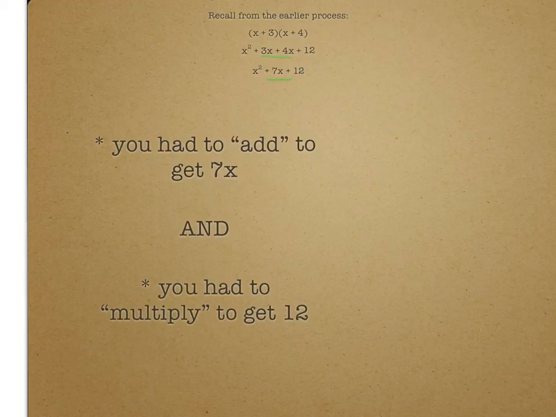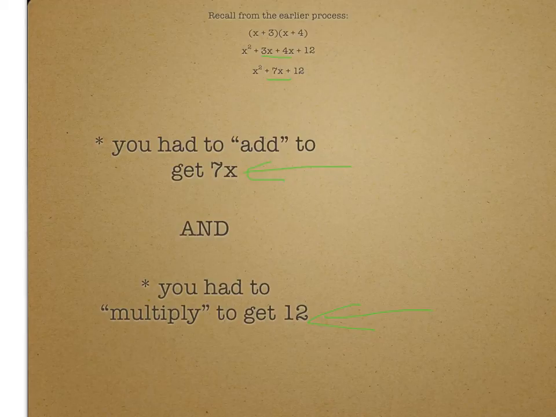We had to add to get that 7x, and we had to multiply in order to get the 12. Those are the two important concepts to keep in mind as you are performing the reverse FOIL process.